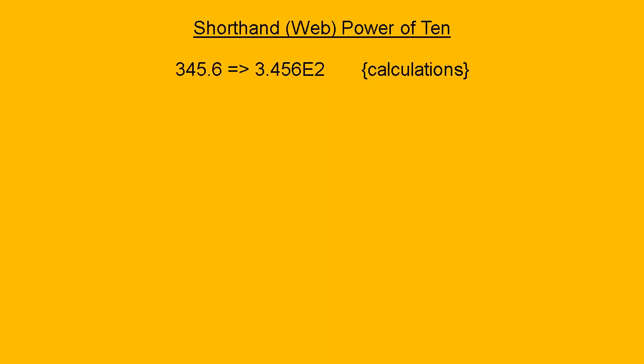So the number that we just had, as used on the web, because it cannot be easily done to make the 10 to such power, they would say 3.456 E2. And that's how we would use it in physics calculations, because the calculations of physics do not require units.